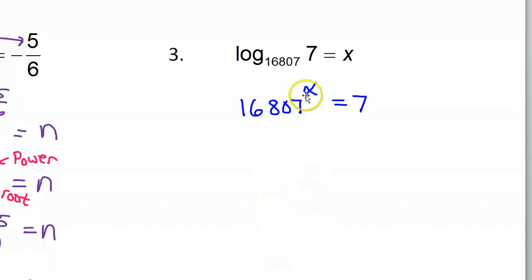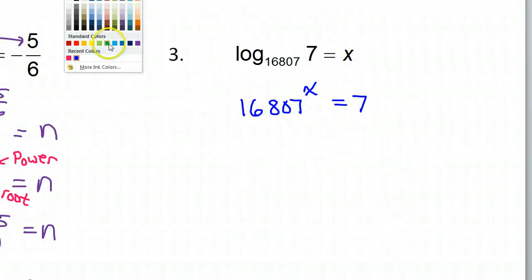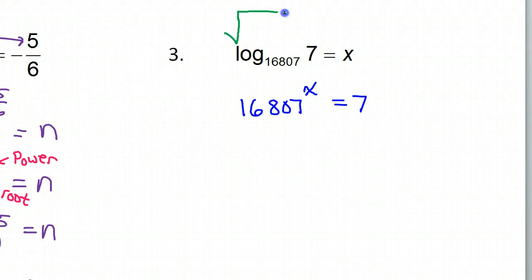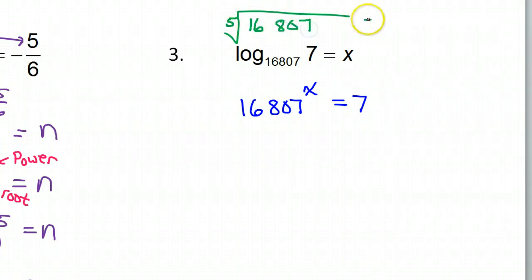So in other words, if it's going to take the 5th root to turn this into this, I'll just put this off to the side. Just remember that the 5th root is the same thing as the 1/5 power.